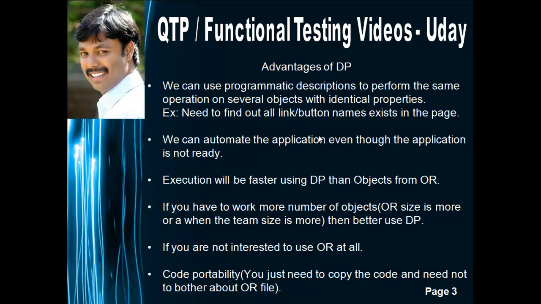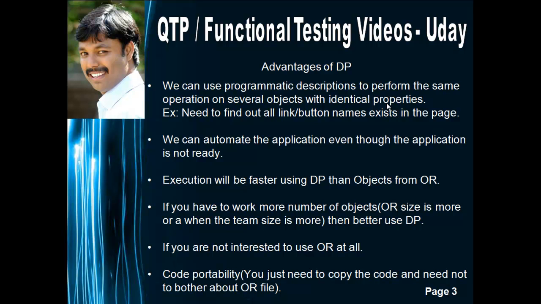All right, so let's go and see the advantages of descriptive programming. Descriptive programming will be useful where, for example, you have to print all the link names available in a web page. With an object repository, you would have to add all the links in your object repository and then print all the links, right?